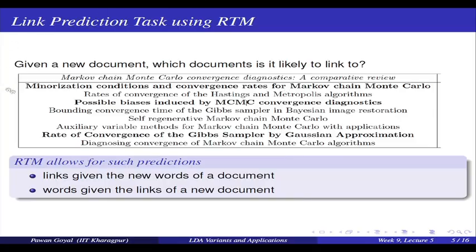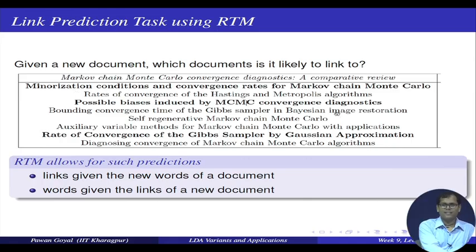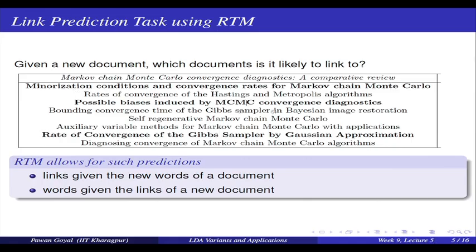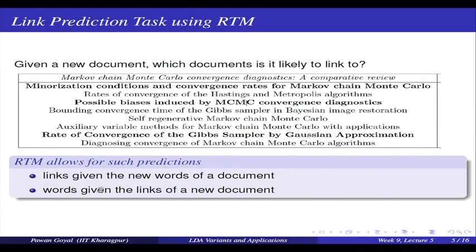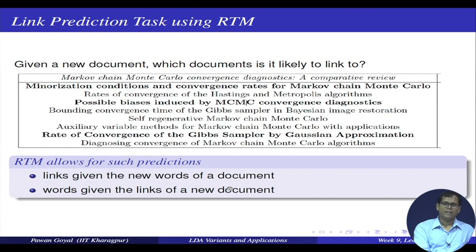So, here are some examples of what your RTM model gives, and these are actually important papers that this document actually linked to. So, RTM in general can allow for prediction that given a document with new words, what the document will link to. Okay, this is one thing that can be done. Also, suppose you give a link that this document links to another document, what will be the approximate distribution of that document, that also can be found using my RTM model. So, links given the new words of a document and words given the links of a new document, both can be handled.